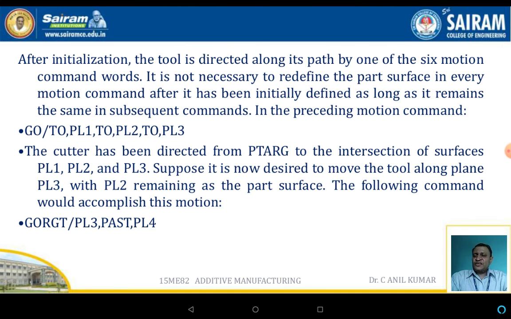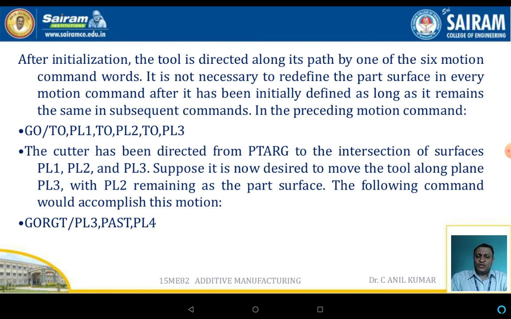Now after initialization, the tool is directed along its path in one of the six motions. With respect to go to PL1 to PL2 to PL3, the cutter has been directed from the target point to the intersection point of the surfaces PL1, PL2, PL3.